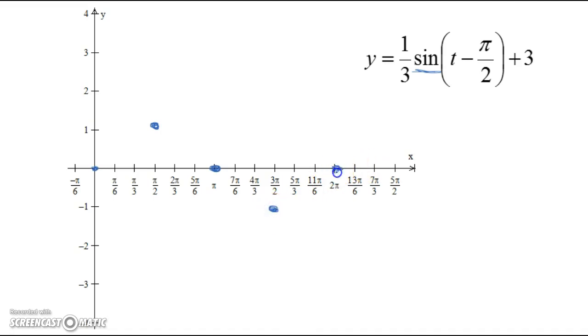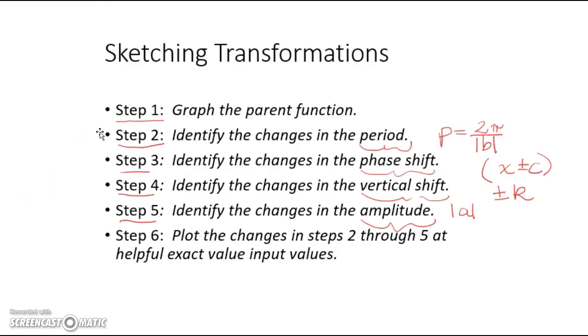And it has another 0 at 2 pi, and it's a curvy kind of function that looks something like this. So there would be one period for the parent sine function, y equals the sine of x. That was step 1 in our process, to graph the parent function.